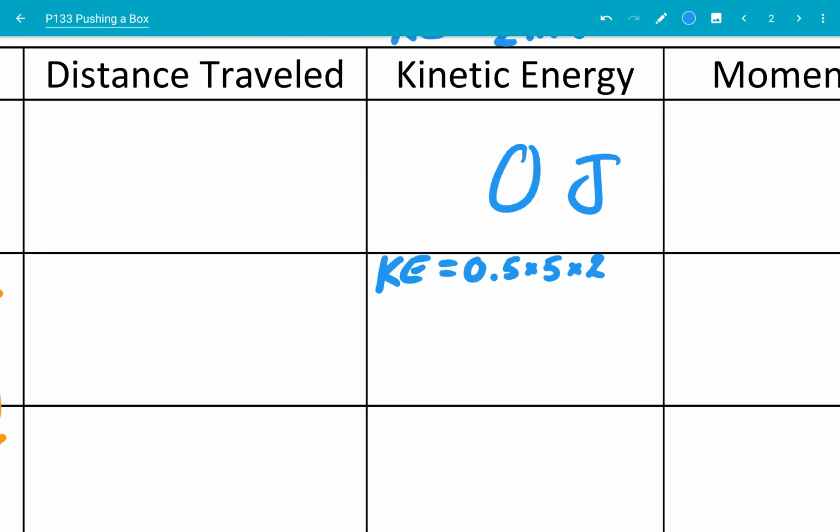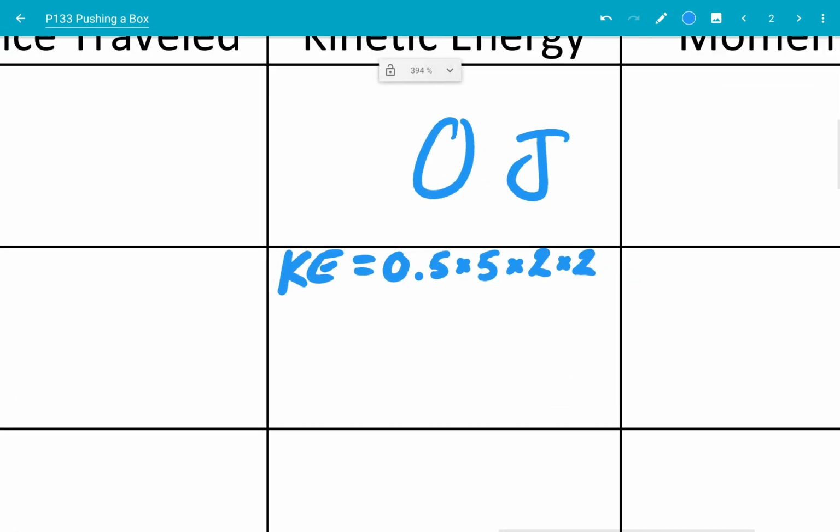So that's 2 squared, which means 2 times 2. When we punch this into our calculator, we can do 0.5 times 5 times 2 times 2. Or it's easier for me: 2 times 2 is 4, 4 times 5 is 20, and half of 20 is 10. So if you punch it into your calculator, you'll get 10 joules.